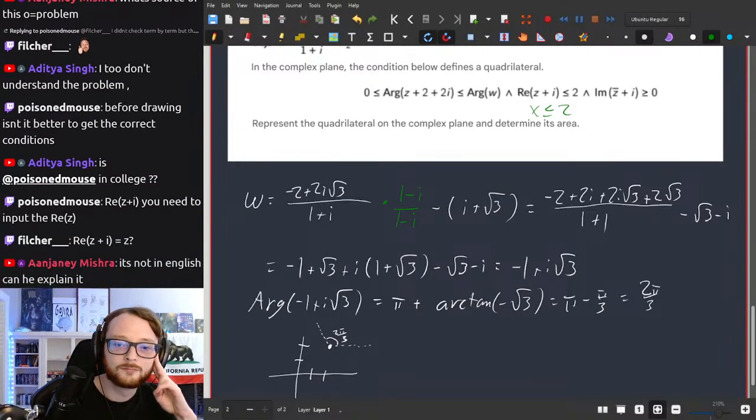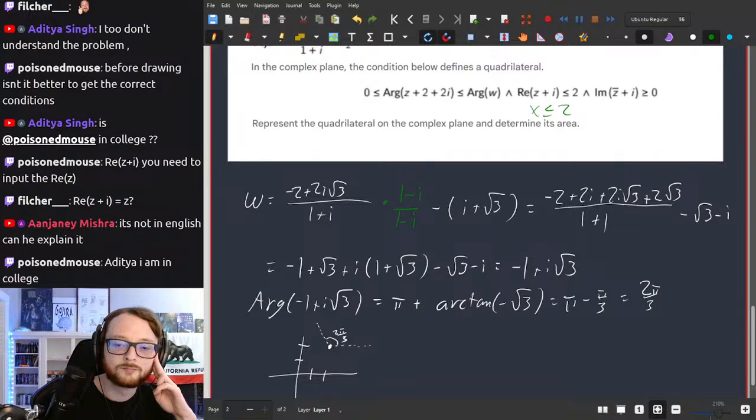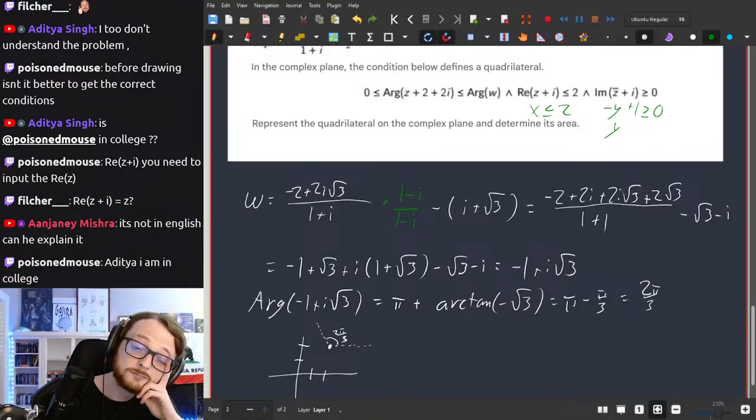This one is saying that minus y plus 1 is greater than or equal to 0, which means y is less than or equal to 1.